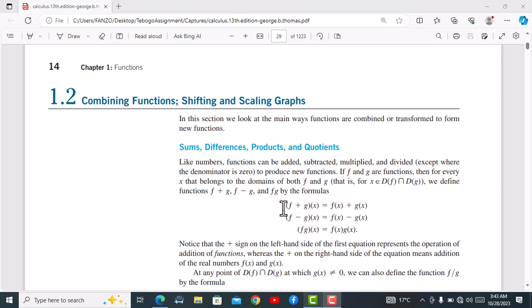If f and g are functions, there's a relationship where one value of x is mapped to exactly one value of y, because that's what we looked at thus far.